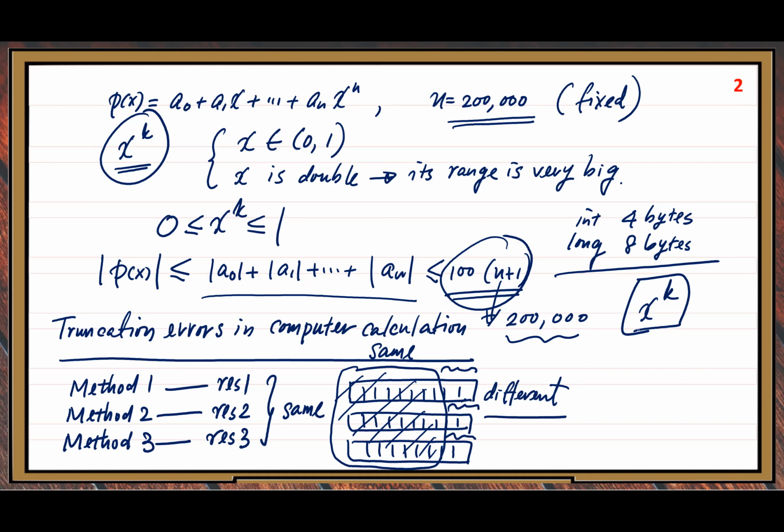If you use different truncation ways, your output will be different. So it's very normal that different truncation ways would cause the last few digits to have different values. So don't worry about that part.